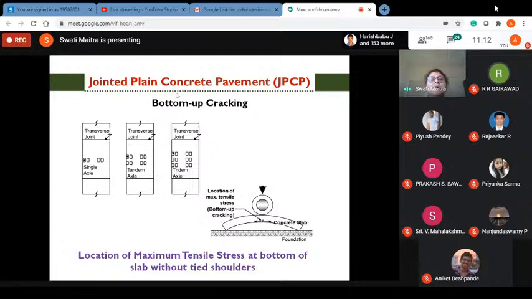Now, stress charts have been developed based on that single panel analysis. Stress charts have been developed only for bottom-up cracking cases, and also, based on these results, regression equations have been developed for bottom-up cracking cases. And for top-down cracking cases, only regression equations have been developed. No stress charts have been developed for top-down cracking cases, but you can find out the stresses from the regression equations.